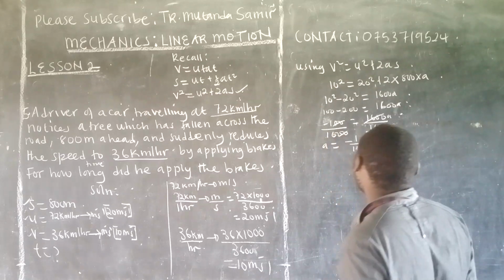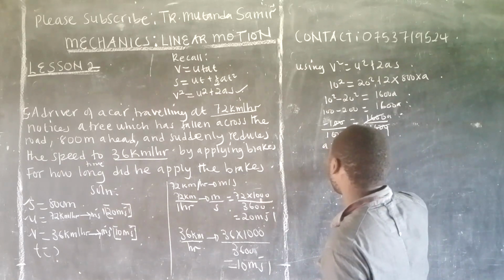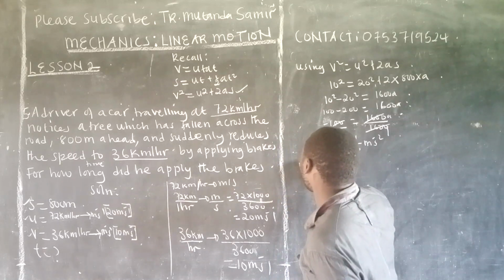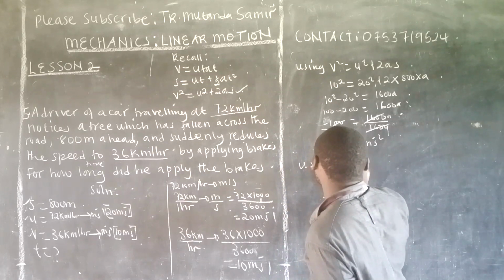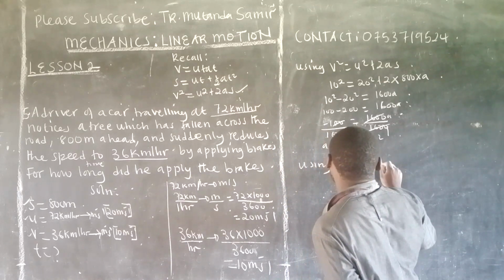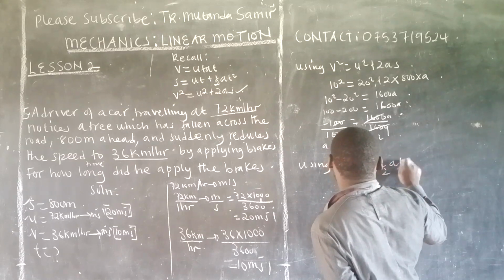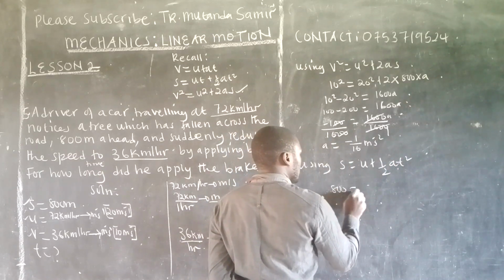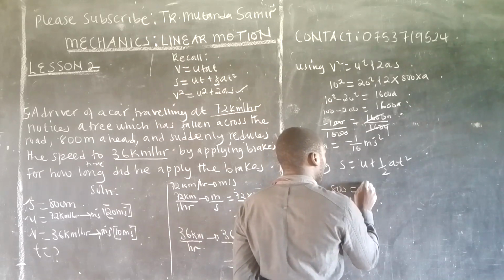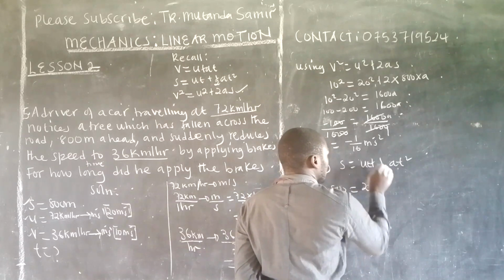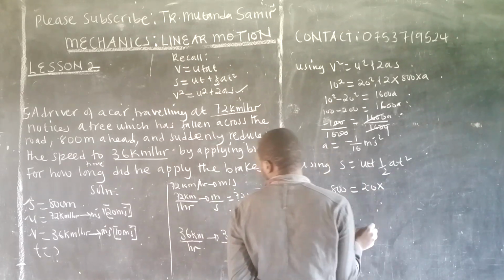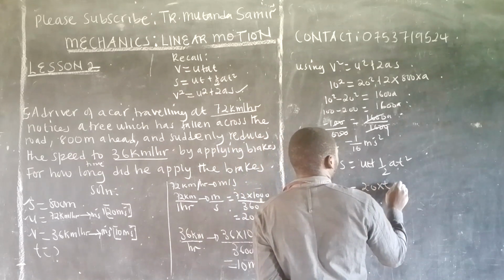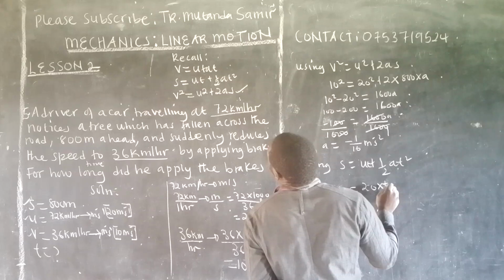Okay, next. Now here, since we have the A, we can use this equation. Can I say, using S is equal to UT plus a half AT squared. Let's use that. The S is 800 is equal to U, which is 20, times the time, the one we want, T. Oh, would that work for us?